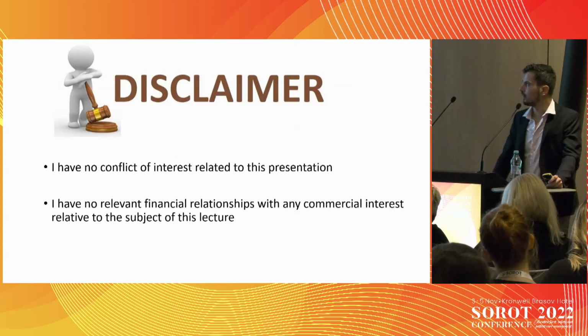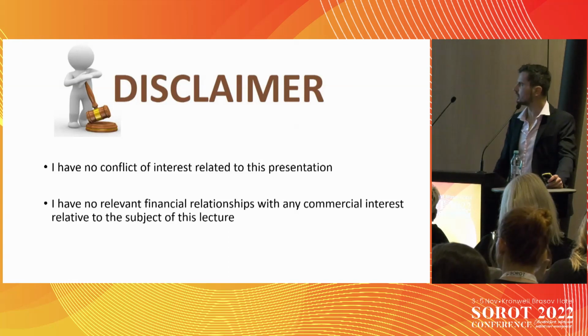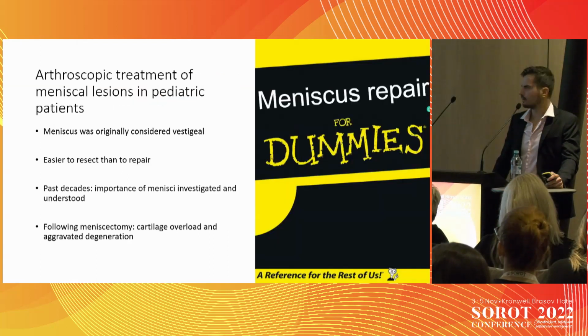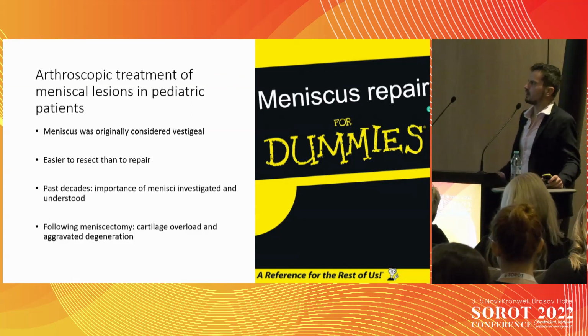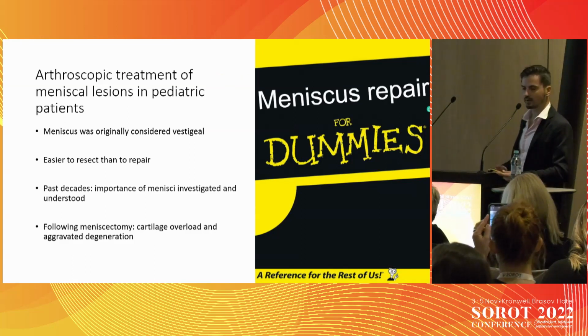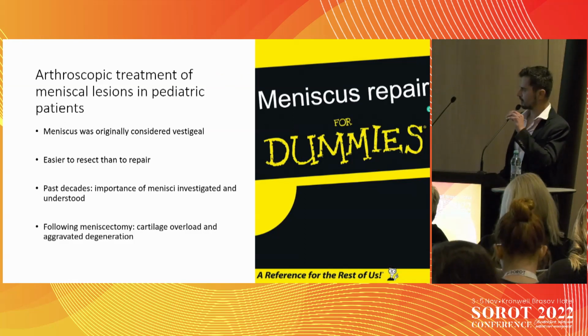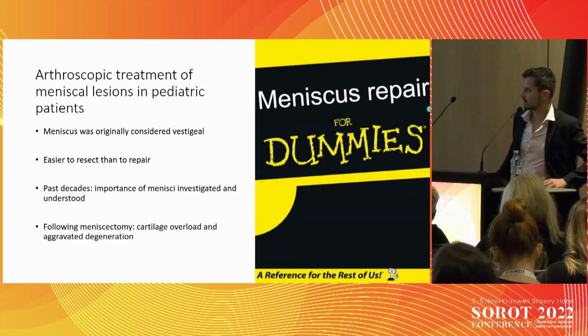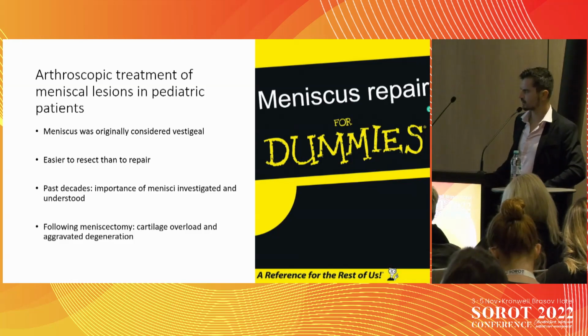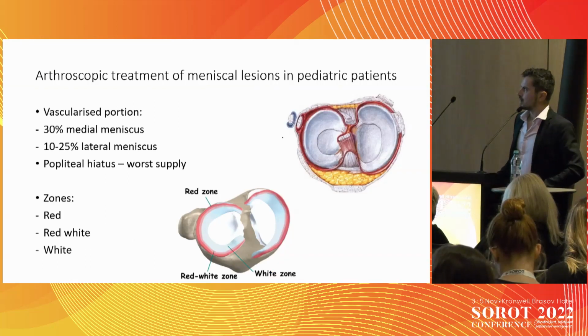So, generalities. Menisci were originally considered vestigial, easier to resect than to repair, but it's important to repair. In the past decade, the importance of the meniscus has been investigated and understood, and following meniscectomy there is cartilage overload and aggravated degeneration. About the anatomy, the vascularized portion is important for the safety of the treatment.